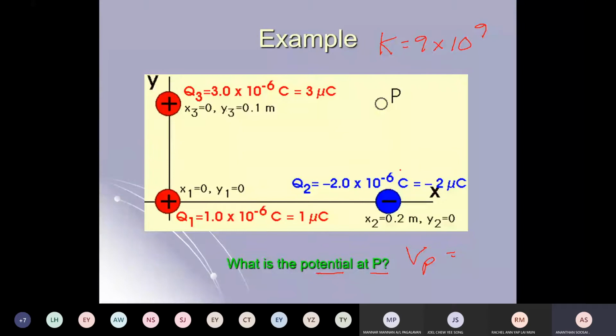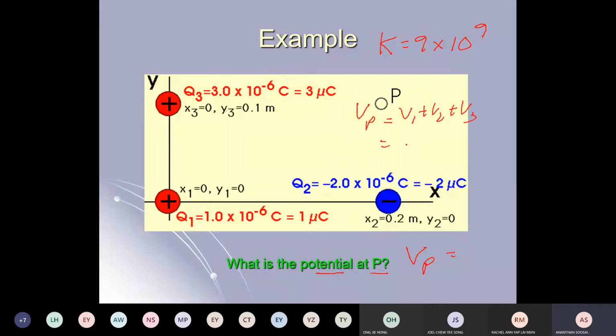So calculate for me. Anyone can tell me? Potential at P is actually V1 plus V2 plus V3.